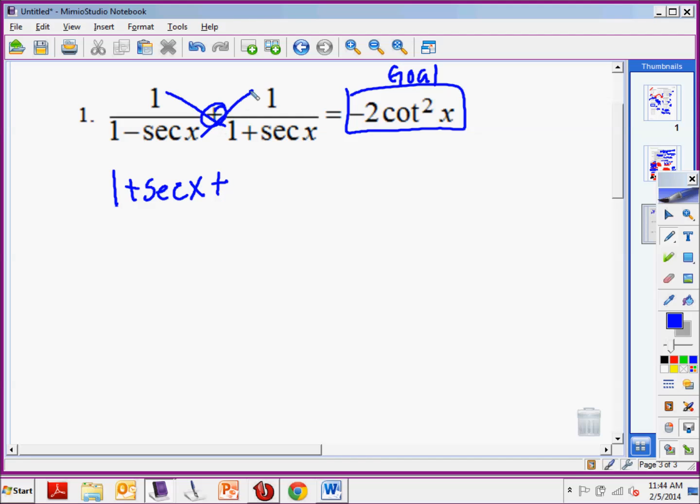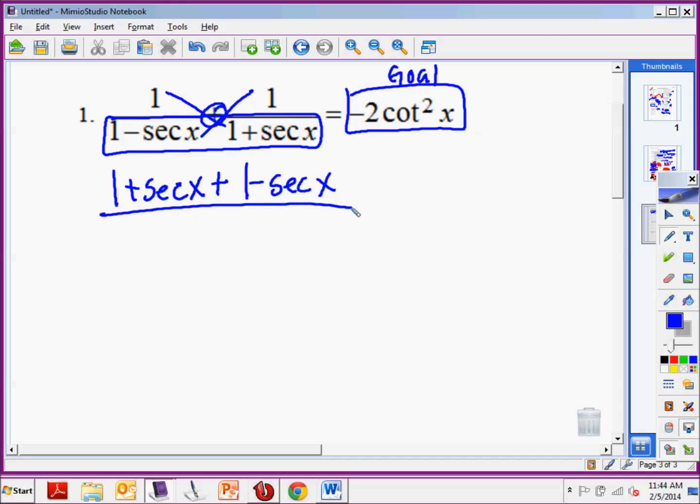My other chopstick to hold my rice is 1 minus secant squared. And then my bowl that holds it all together is a minus b times a plus b, so it becomes 1 minus secant squared of x. So it becomes a squared minus b squared, which is 1 minus x. There we go.